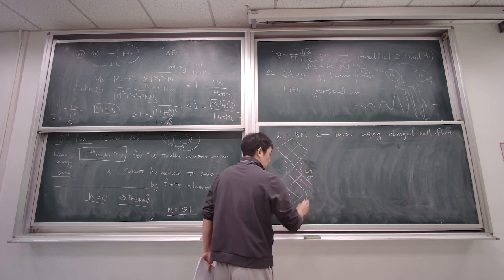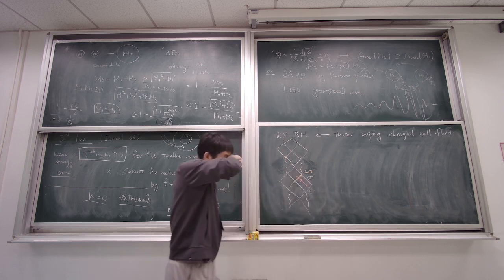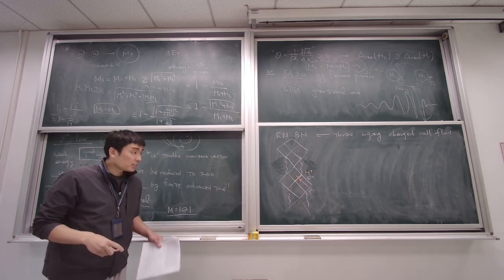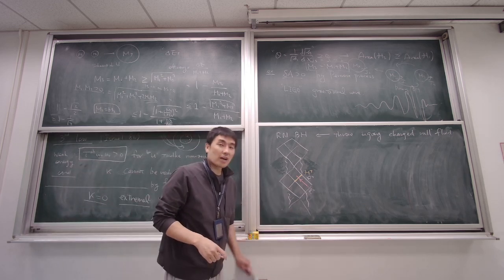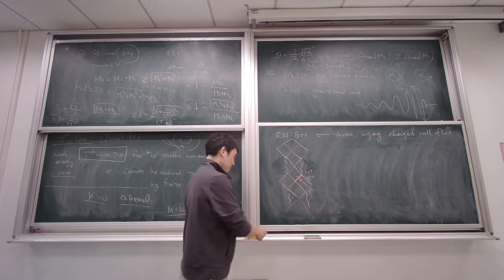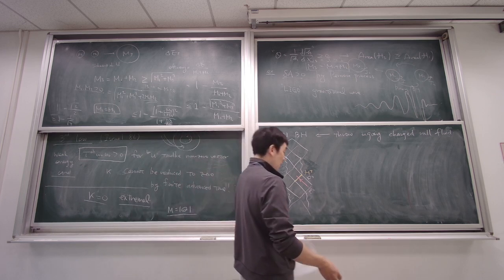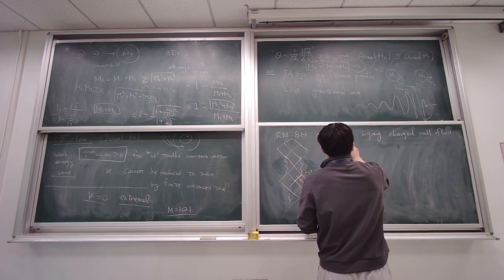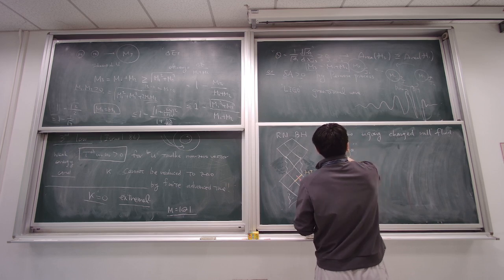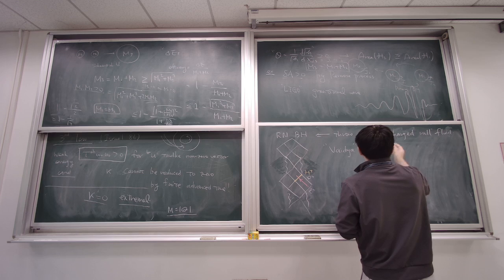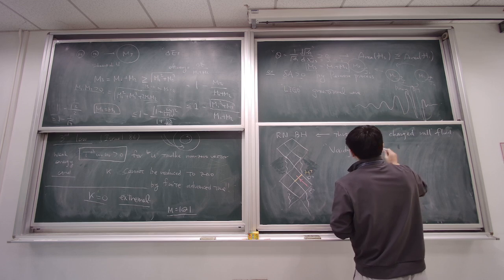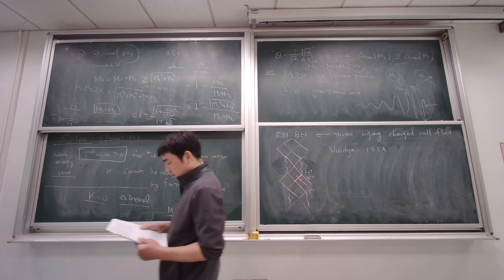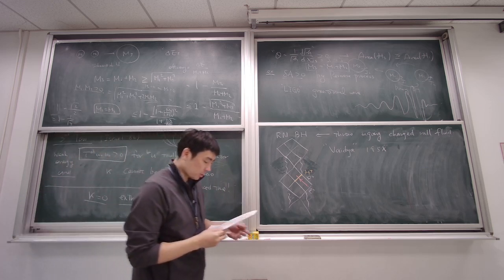This is a kind of Gedanken experiment first done by Bonnor and Vaidya, I think in the 1950s, around 50 something. So it's called the Vaidya metric.